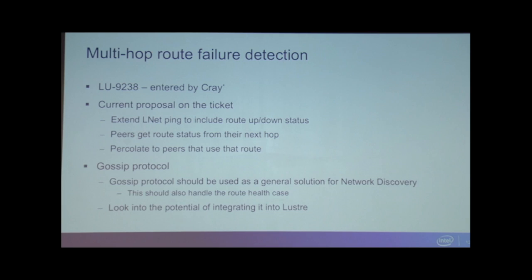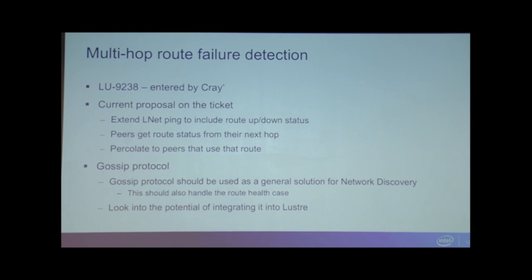So the proposal on that ticket is to add an extra field in the ping with the route status, up or down, so that if as you go along the ping the next router is down, it can send a response back with the state of that route.